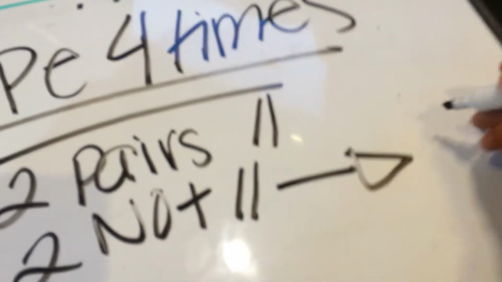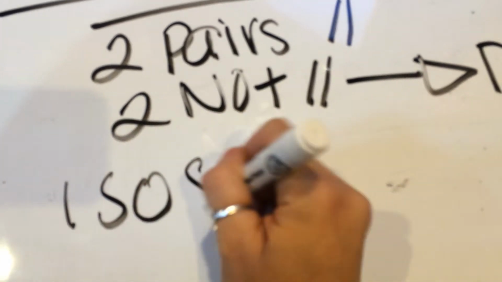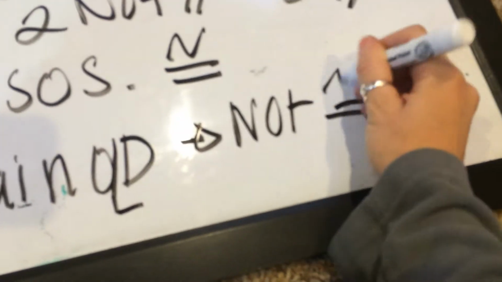Those two not parallel, distance. And then read the problem. If we want isosceles, they need to be congruent. Just plain old trapezoid, not congruent.